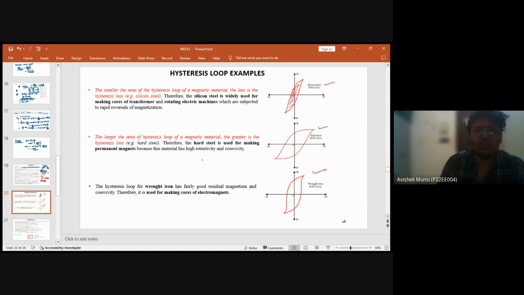From this, you can see that silicon steel has lesser loss, so we generally prefer it as the core for transformers and rotating electric machines. Hard steel is generally used for making permanent magnets, and wrought iron is generally used for making electromagnets.